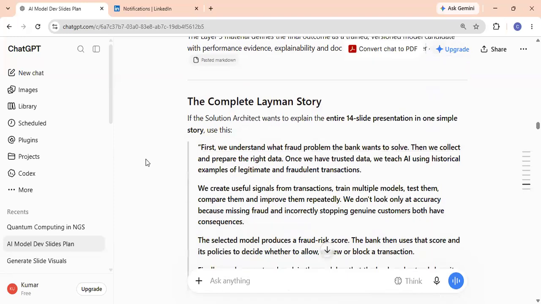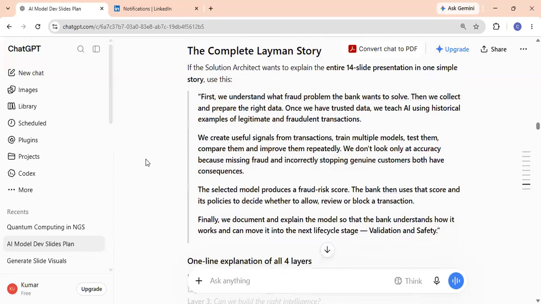So the complete layman story is, first we understand what fraud problem the bank wants to solve. That is the objective of this particular layer. Then we collect and prepare the right data. Once we have trusted the data, we teach AI using historical examples of legitimate and fraudulent transactions. From where do historical examples come?